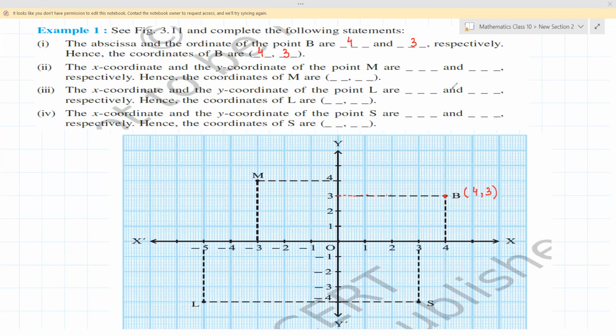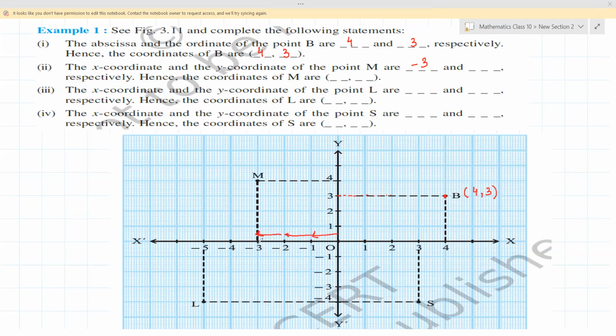Okay, now Jesslyn, you will tell me. The x coordinate and y coordinate of the point M are. Now look at this point M. What is the x coordinate? -3. Okay, y? The x coordinate is -3, that is fine, because it is like one unit here, then 2 units, then 3 units.